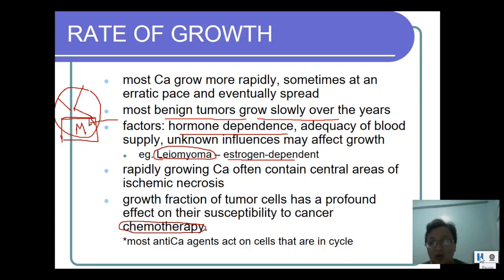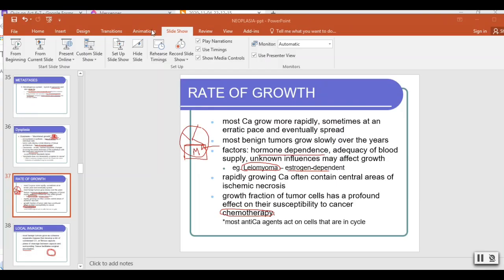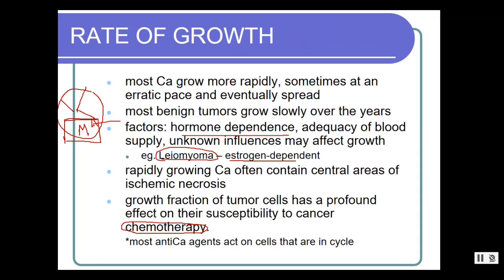And if the hormone is adequate, then the tumor grows very fast. Okay, so what I was saying a while ago is that hormones are one factor that affects the growth of your tumor, like leiomyoma or myoma, no?